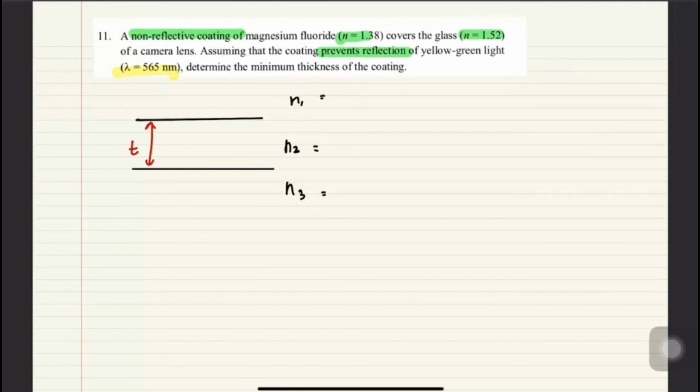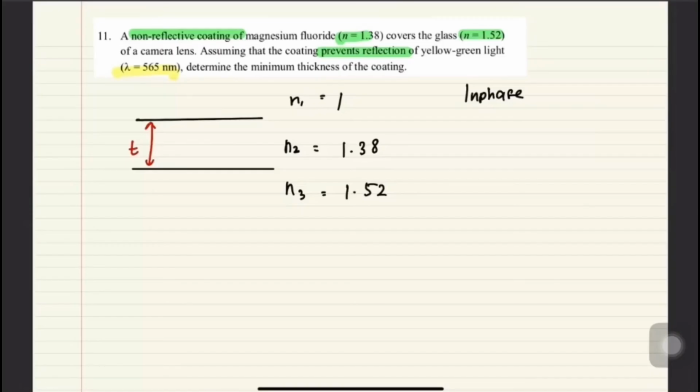So in this case, n2 is equals to 1.38. Below it is n3, 1.52. Yes, n1 is 1, the same. So on top is air, then the coating, then the lens. Like that. Can you follow?